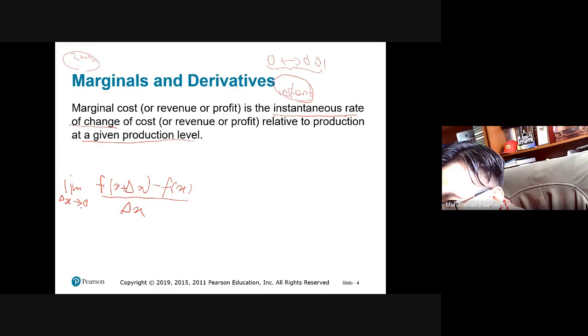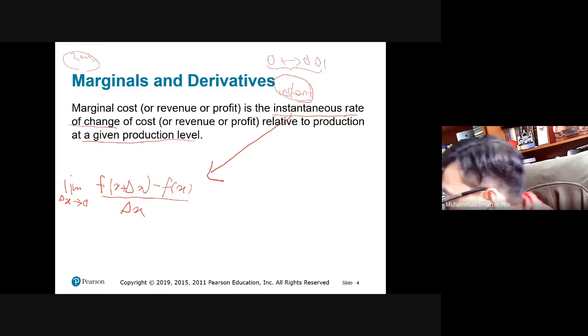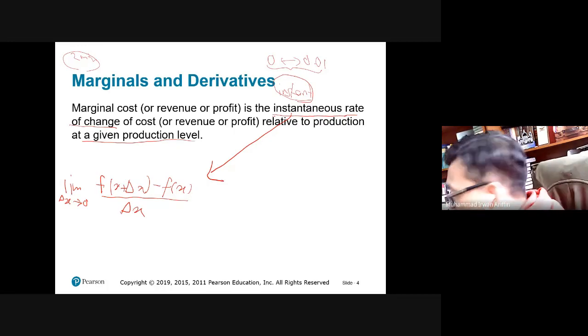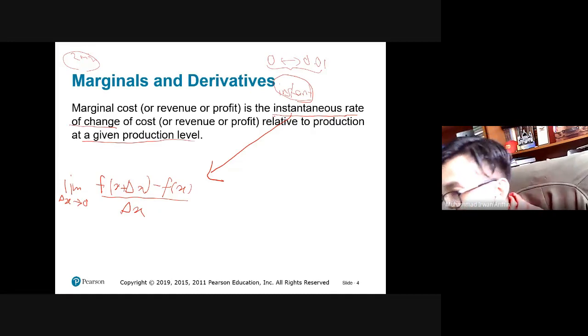So when we make the change in x as small as possible, by a very small value, or within such a small time period, that is what we term the instantaneous rate of change. The change that happened instantly.